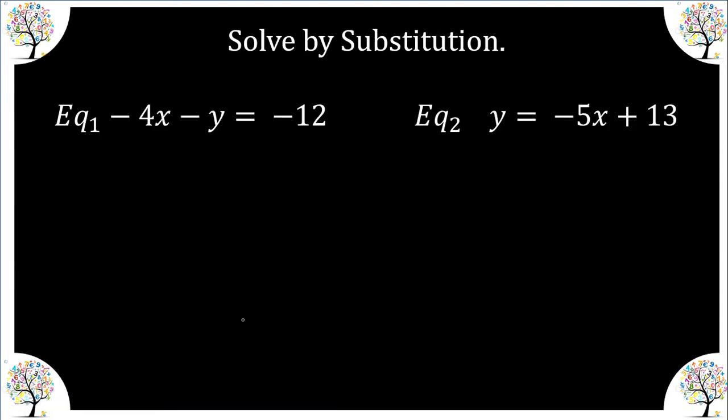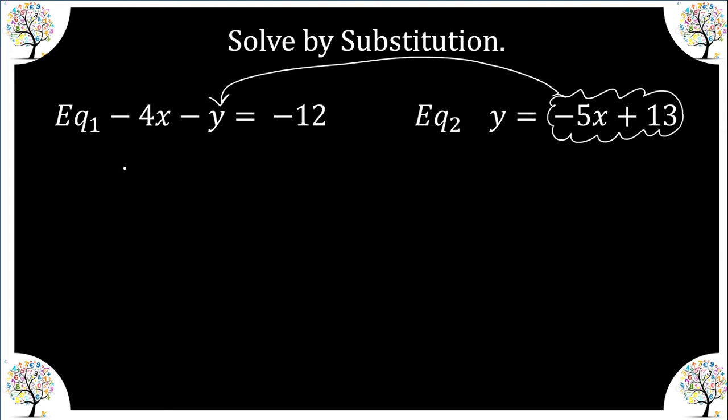Okay, now let's solve by substitution. And the first thing that we need to ask ourselves, do we have an isolated variable in either of the equations? It could be the x, it could be the y. And we see here in equation 2 that y equals negative 5x plus 13. So we're going to take what y equals and substitute it in for the y in the other equation.